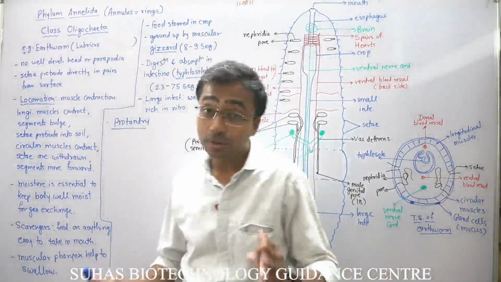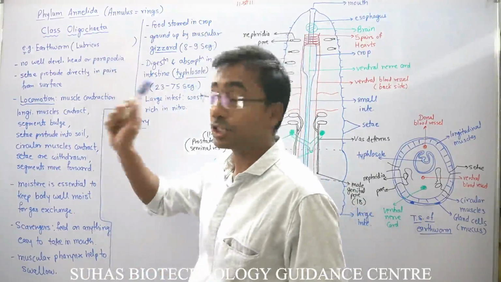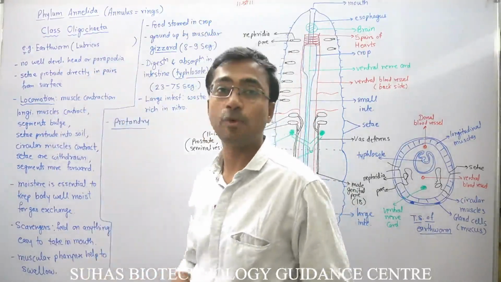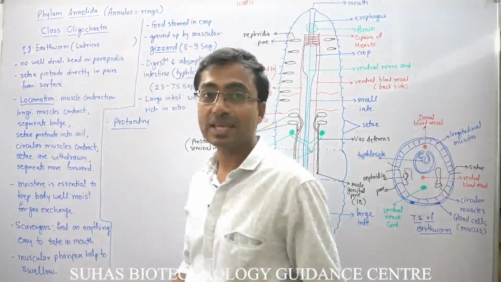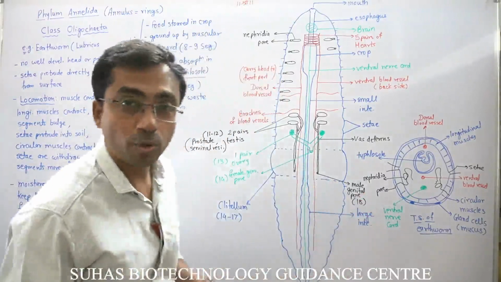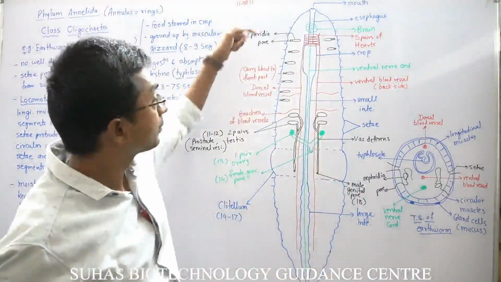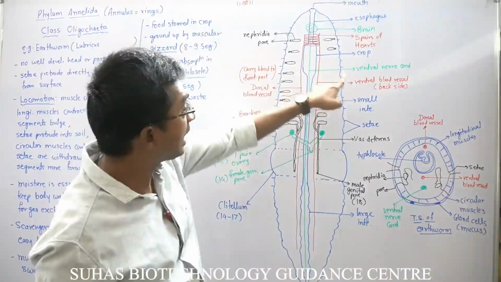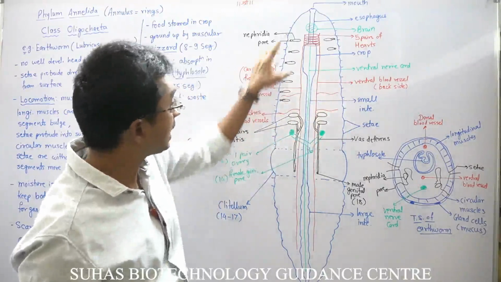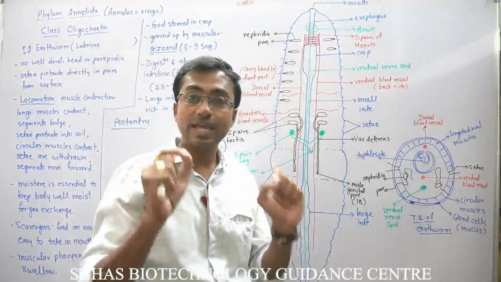Now, in the earthworm, that is class Oligochaeta, no well-developed head or parapodia are there. In the previous example of Nereis, we have seen there were parapodia throughout the body. This is the common anatomy of the earthworm, and you can see that setae are present. These small projections are the setae, and they are present throughout the body.